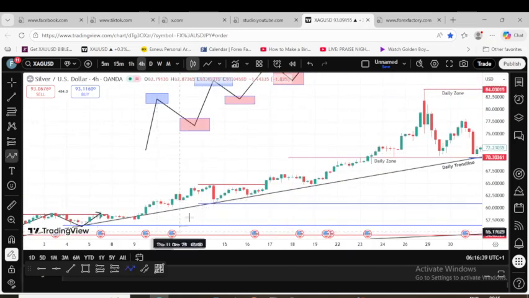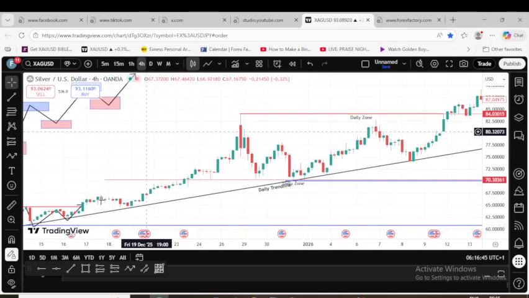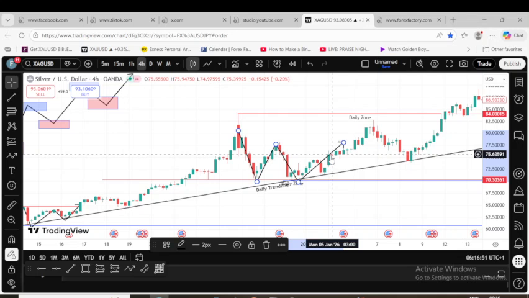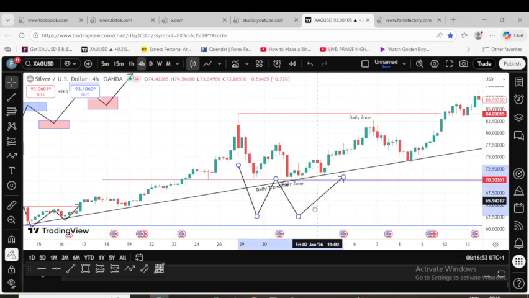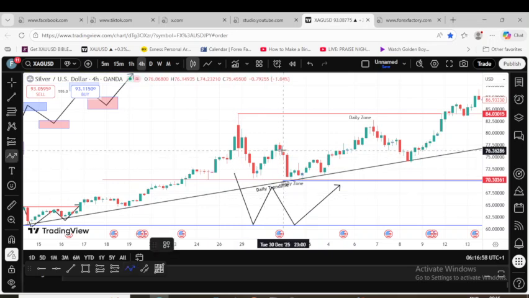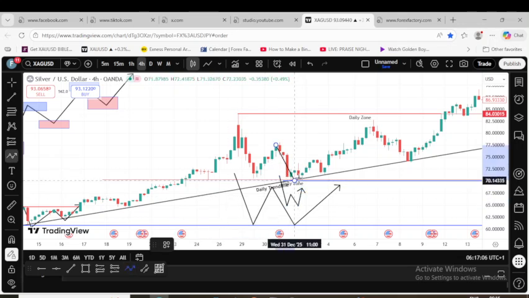Okay, so I can also see something like a W pattern here, and then here I can see both a big W pattern like this, and I can also see a smaller W here, and funny enough, I can also see a W pattern like this.